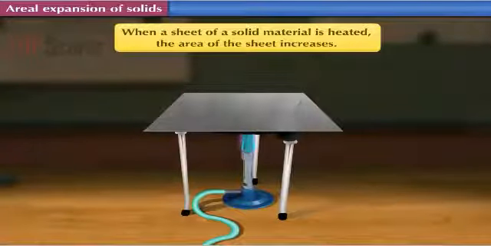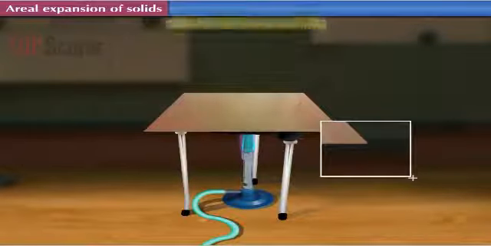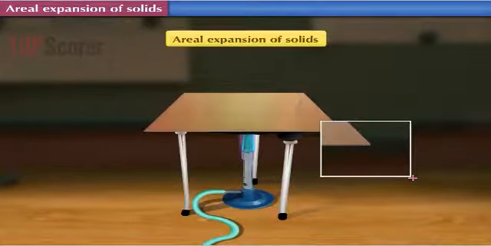Areal expansion of solids. When a sheet of solid material is heated, the area of the sheet increases. This is called the areal expansion of solids.